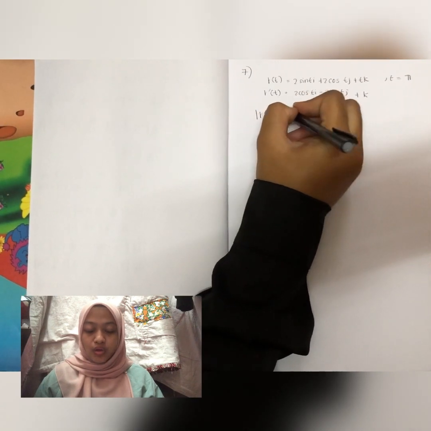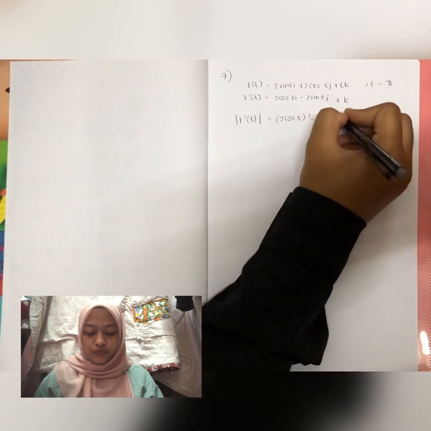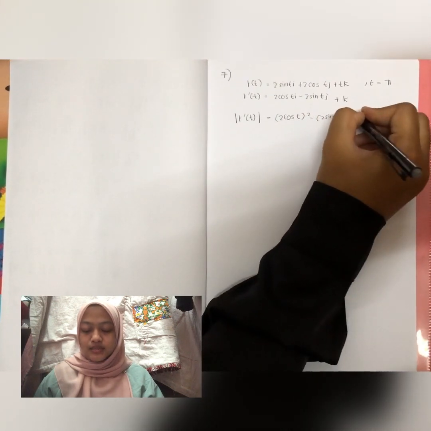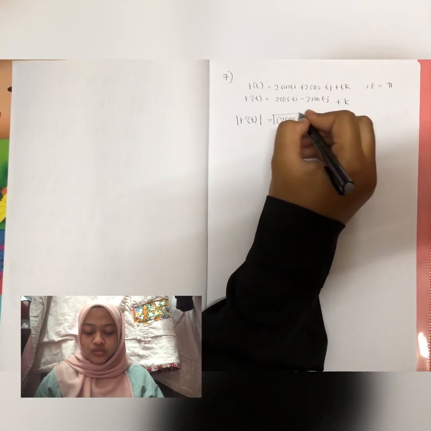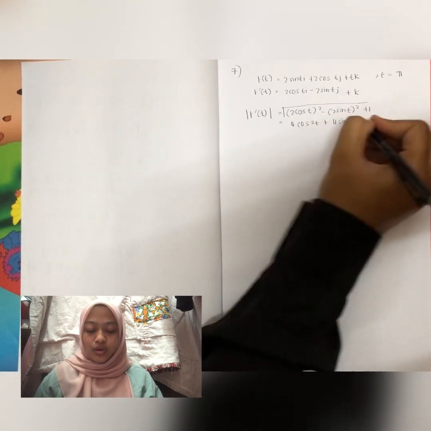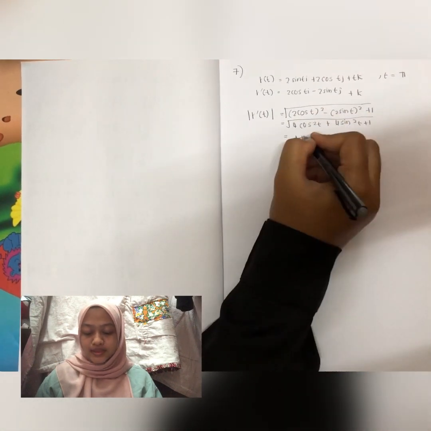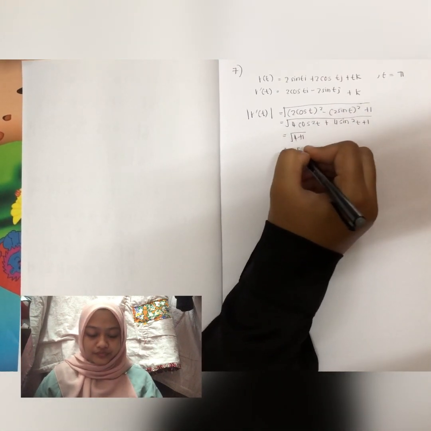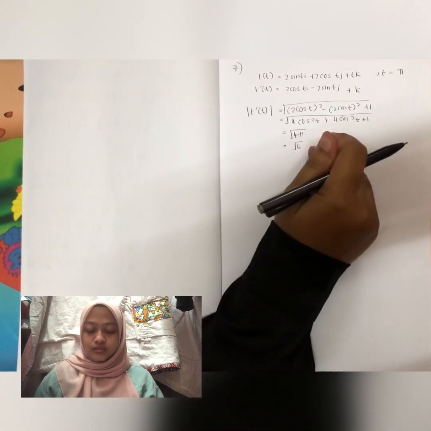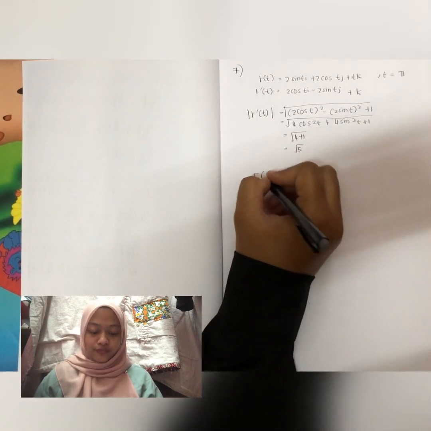The absolute value of r prime t is the square root of (2 cos t) squared plus (negative 2 sin t) squared plus 1. Then solve that. We got the square root of 4 cos squared t plus 4 sin squared t plus 1. Then we got the square root of 4 plus 1, and the solution is square root 5.